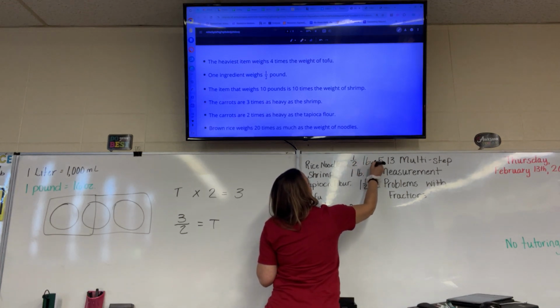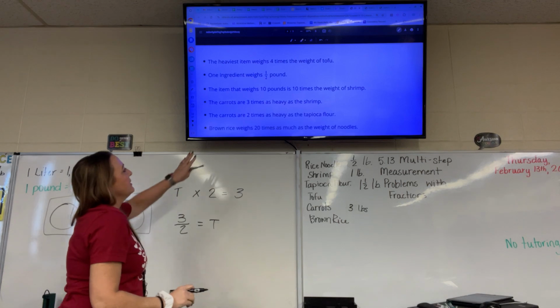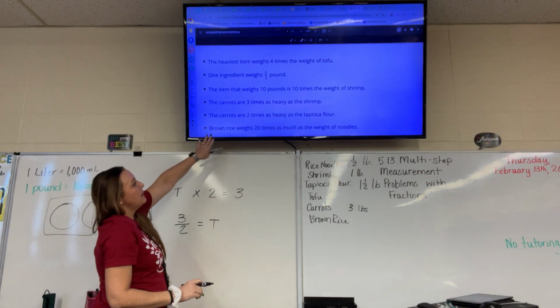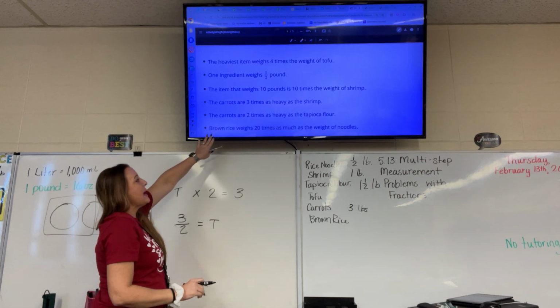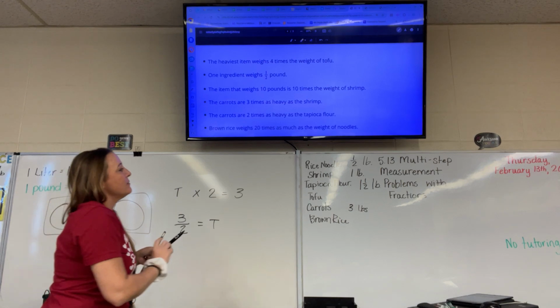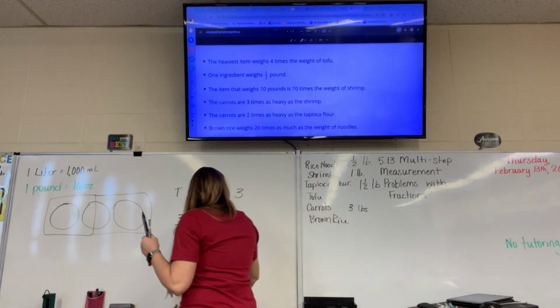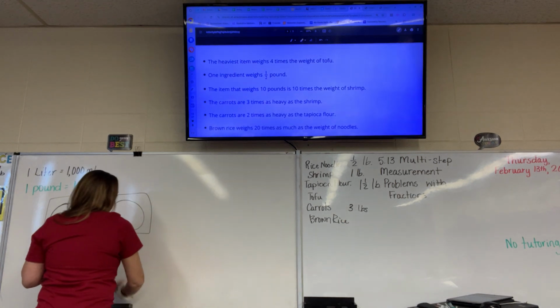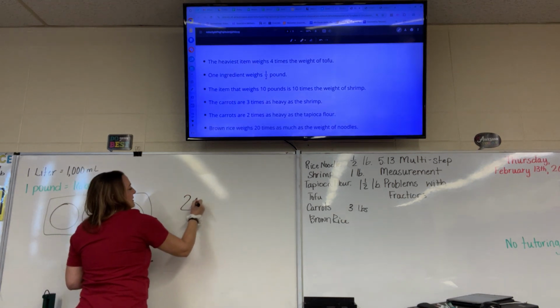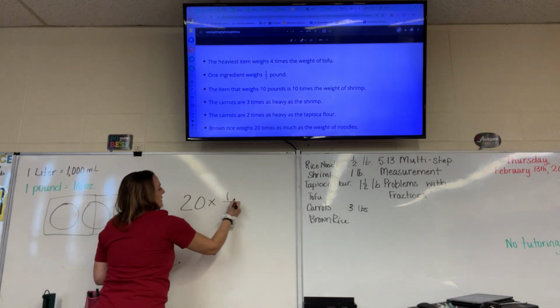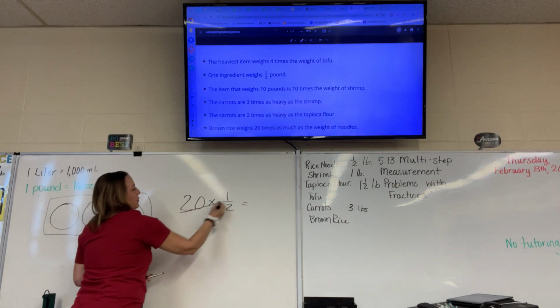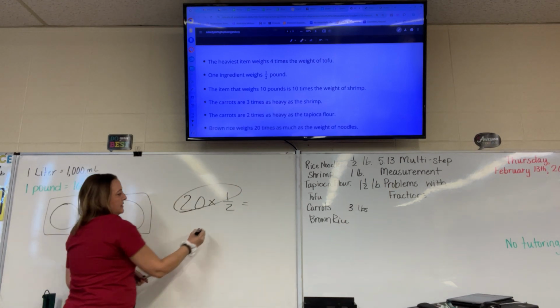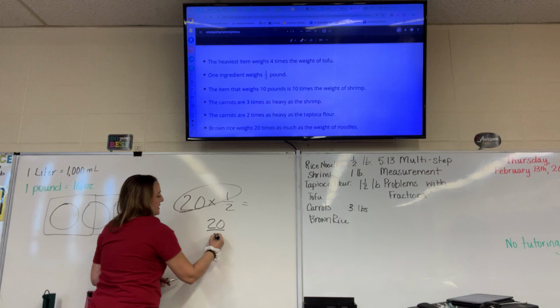So 1/2 pound. So then it says brown rice weighs 20 times as much as 1/2. So this is like the math warm-up. If we multiply 20 times 1/2, 20 times 1 is 20, and our denominator stays the same.